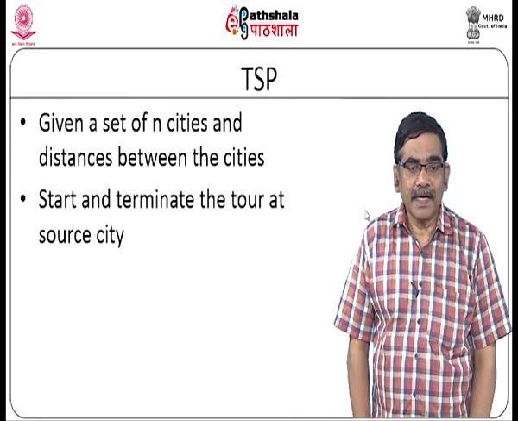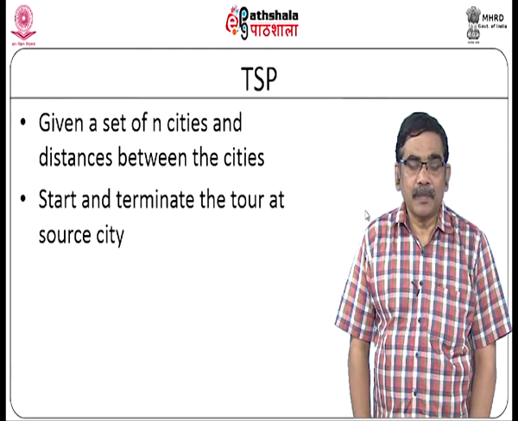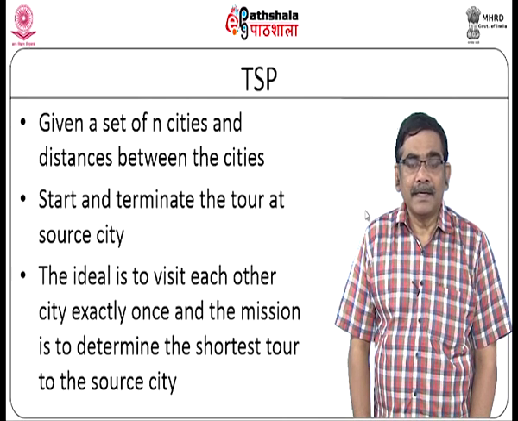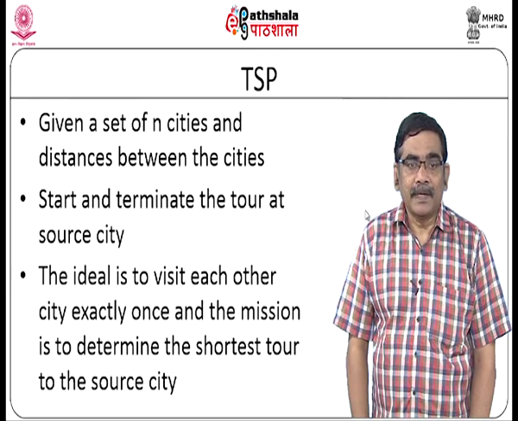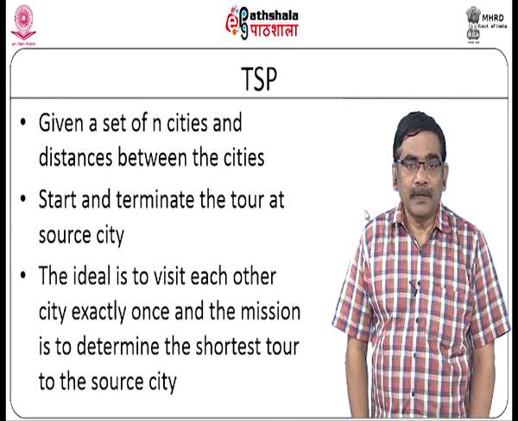You have to start from a place. The salesperson is supposed to start from his town, hometown maybe. Then he has to visit all other cities exactly once, and he has to come back to the original city. So, this is called a tour.